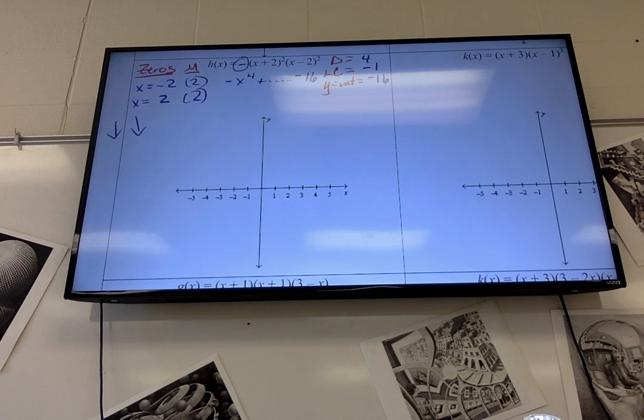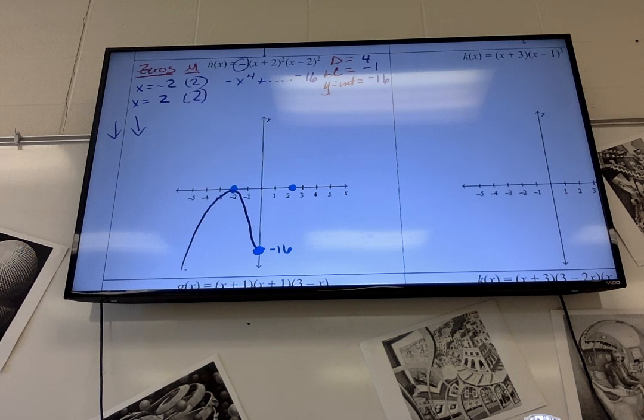So now we just grab. Okay, so I have -2, +2. Somewhere down here, -16. They're both pointing down, and they both have a multiplicity of 2.